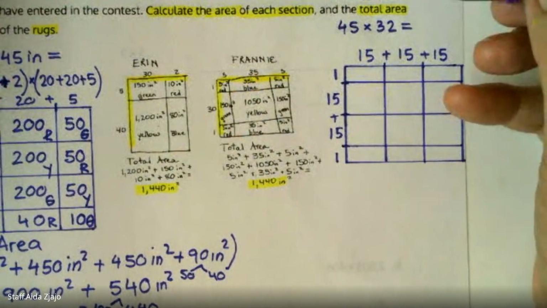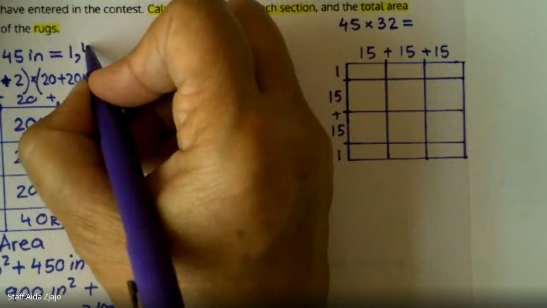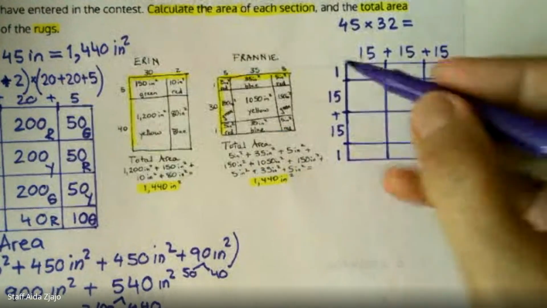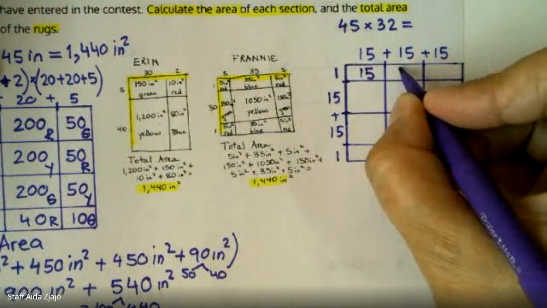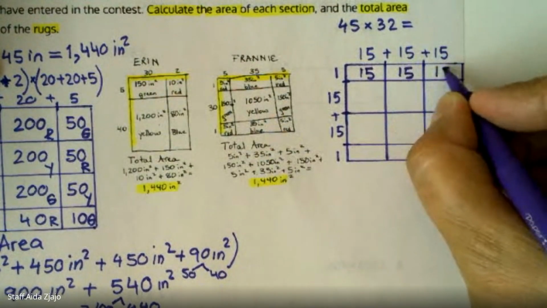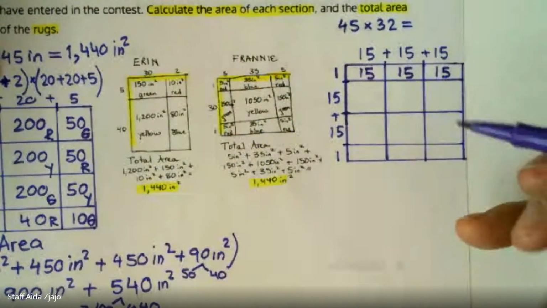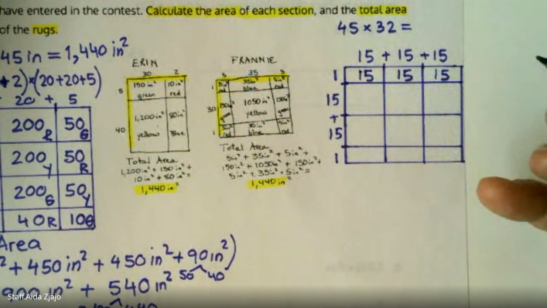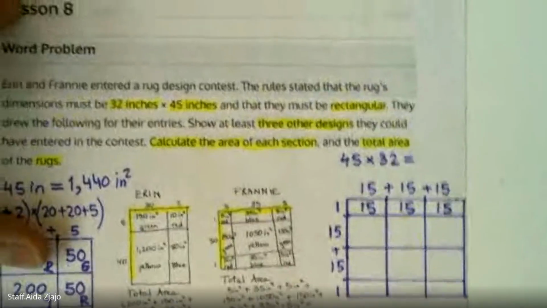Now I forgot to write here 1,440 square inches. Okay, and then let's see if that's going to give 1 times 15 is 15. 1 times 15 is 15, and 1 times 15 is 15. Okay, 15 times 15, if you struggle with that, we can do the distributive property.